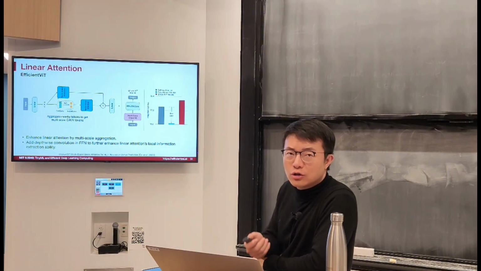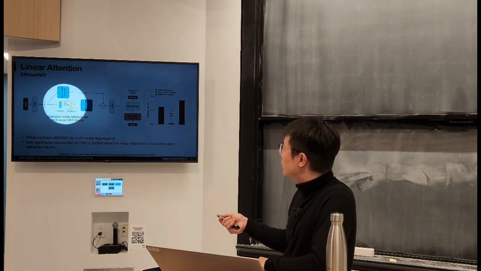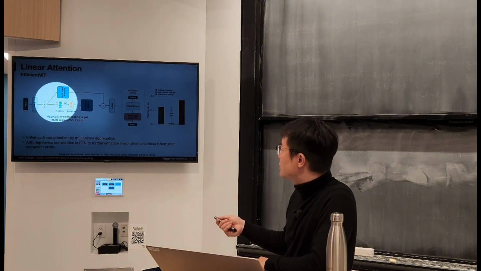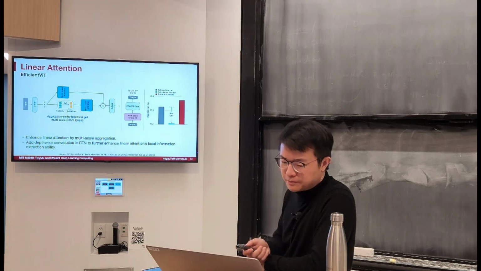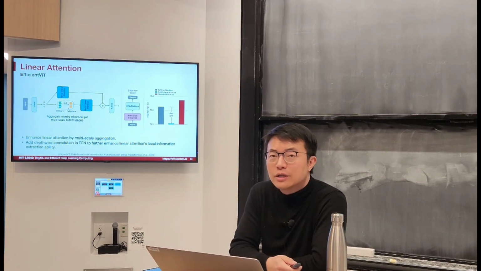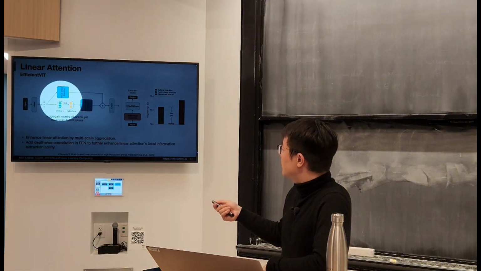But in order not to lose efficiency, we use a depth-wise convolution followed by a one-by-one group convolution to save the computation, rather than using the full convolution. We decouple the spatial modeling versus channel modeling. So we can enhance linear attention by such multi-scale learning with the convolution.